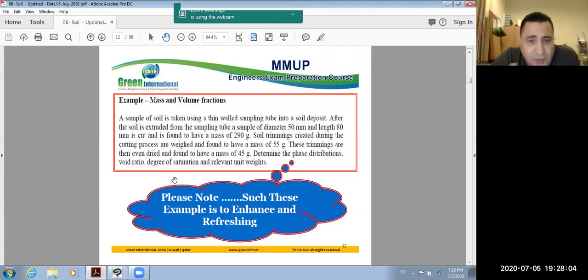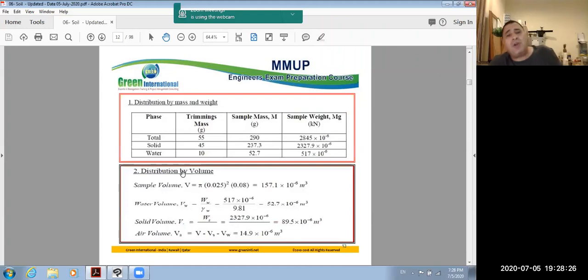A sample of soil is taken using a thin wall sampling tube into a soil deposit. After the soil is extruded from the sampling tube, the sample diameter is measured. Just read these questions and examples and try to solve them.